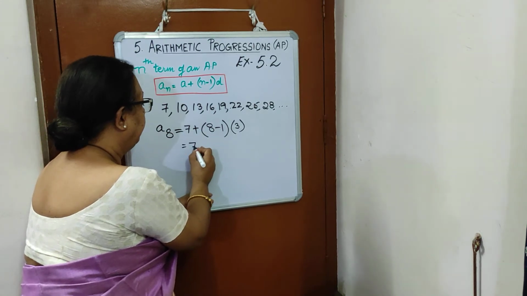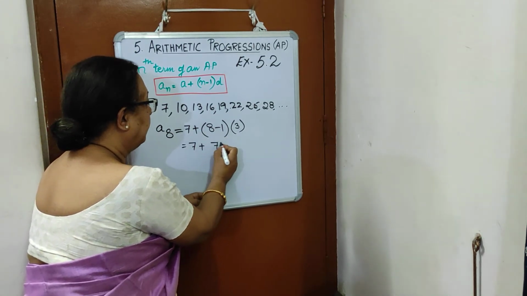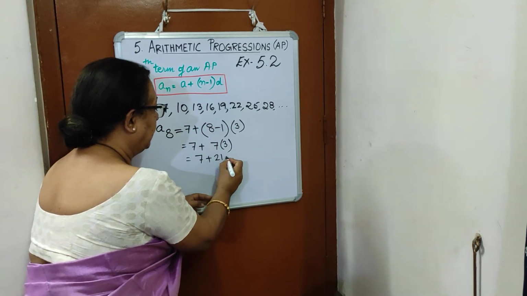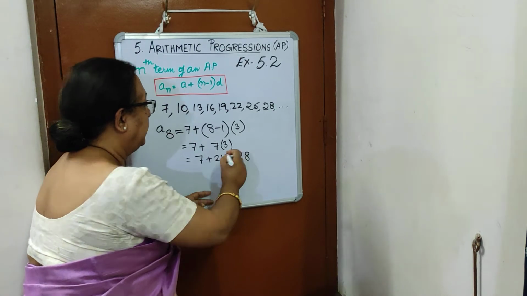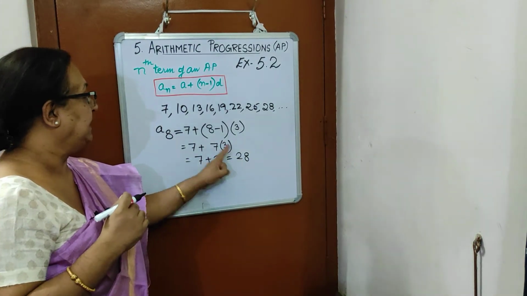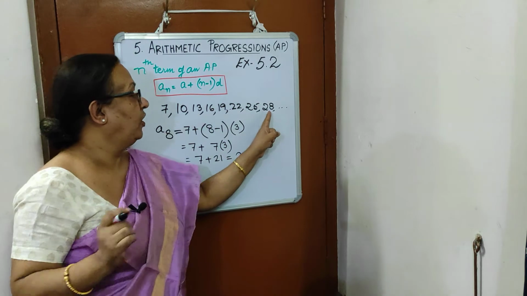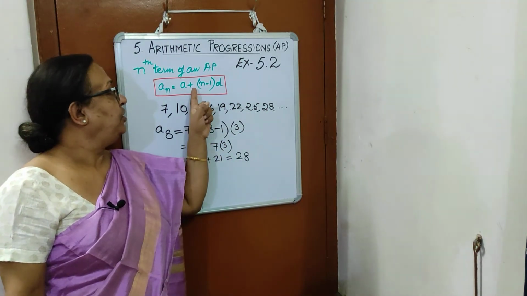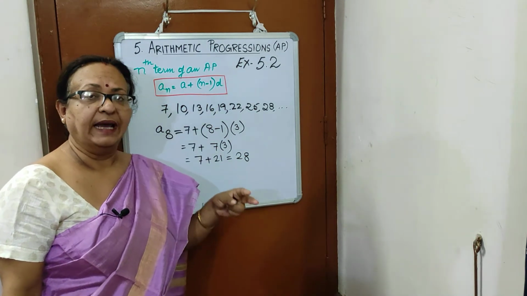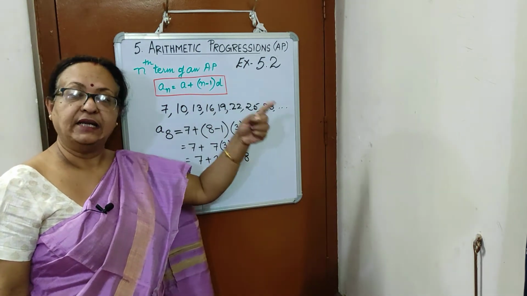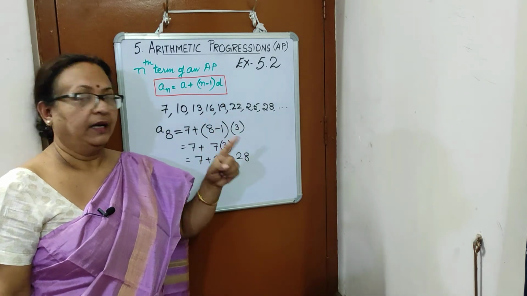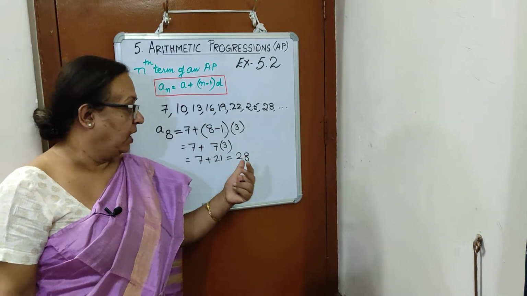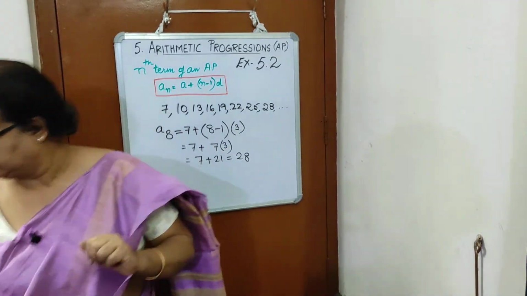Just simplify. 7 plus 8 minus 1 is 7 into 3. 7 plus 21, that is 28. So the 8th term is 28, and by counting also we got the 8th term as 28. So by using this formula, you can find any term. That is called the nth term, represented by an. Understood children? Okay, now let's see another sum.